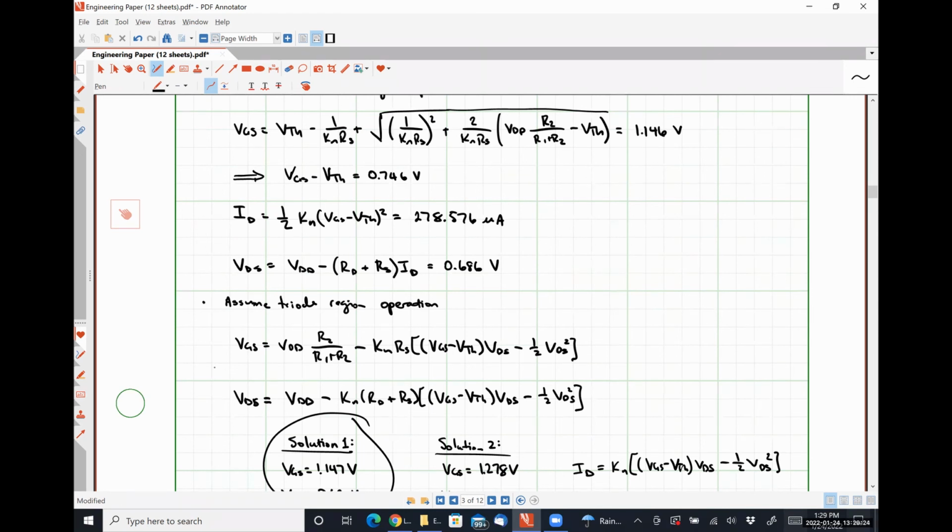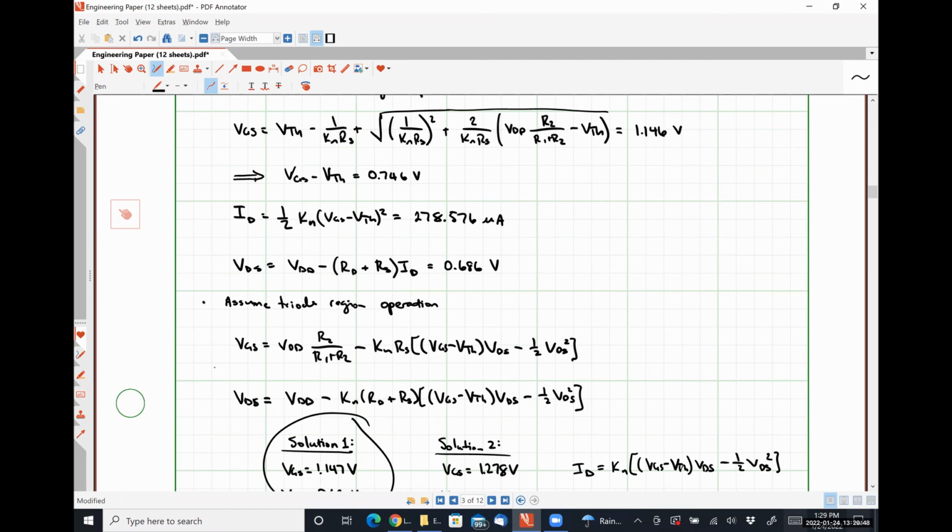So generally speaking, it's not best practice to bias on the edge of saturation, because small variations in power supply voltages or even resistor tolerances can be enough to cause our device to operate not in the region that we wanted it to.